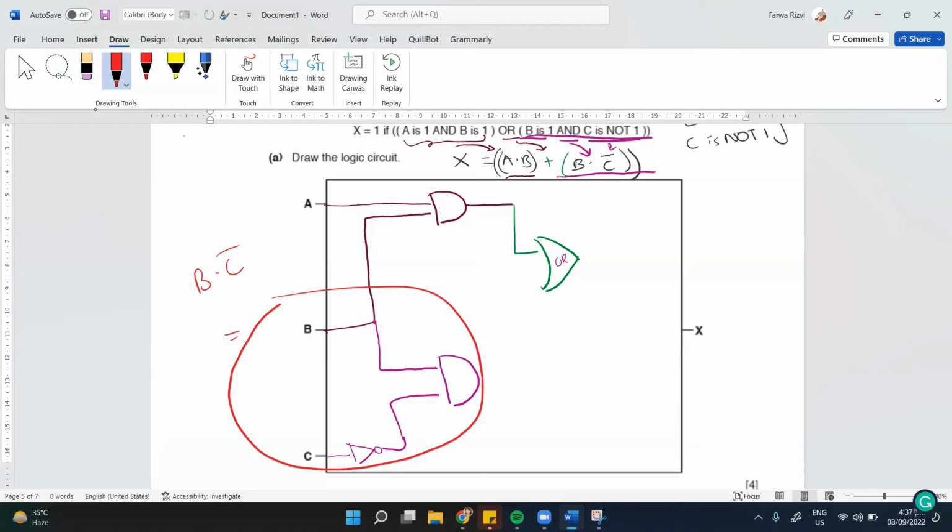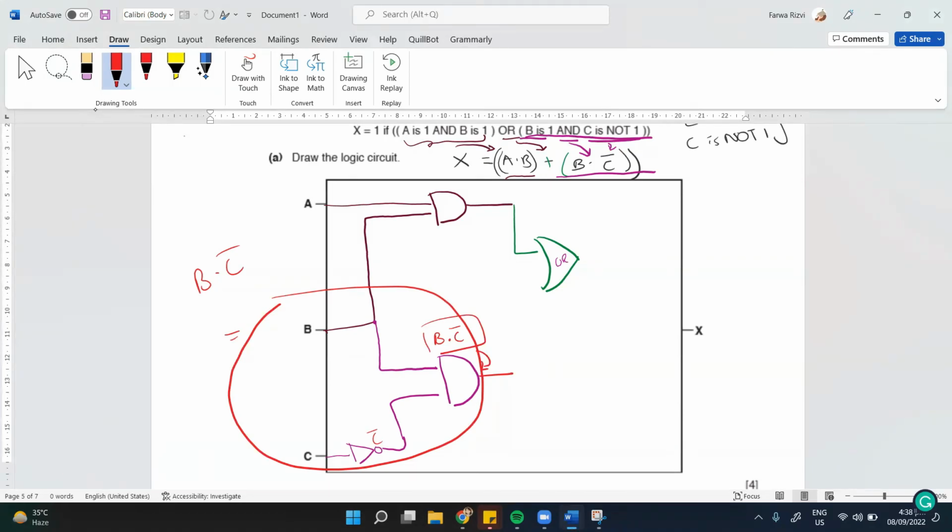Because what I made here was B, right? B went into the AND gate, so I have B here. And this is the AND gate, so I'm going to write dot here. And what else am I putting in it? C is going into a NOT gate, which means I'm getting C bar here. And C bar is going into the AND gate. So I'm going to write C bar here. This means this is the output of this gives me.